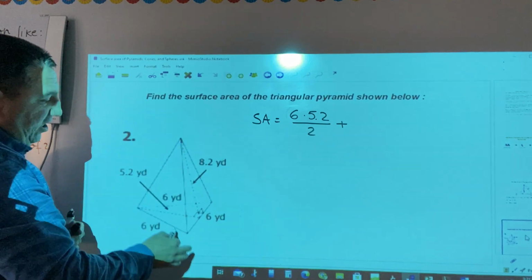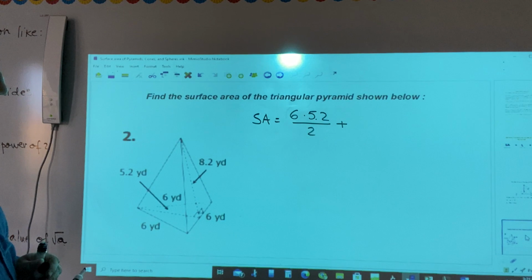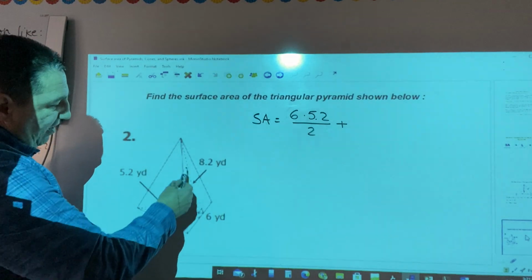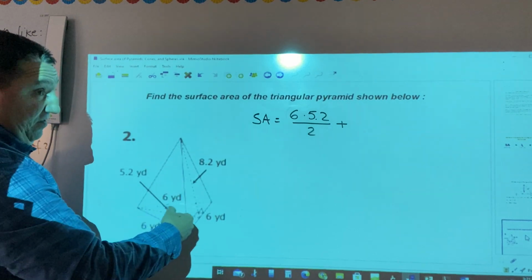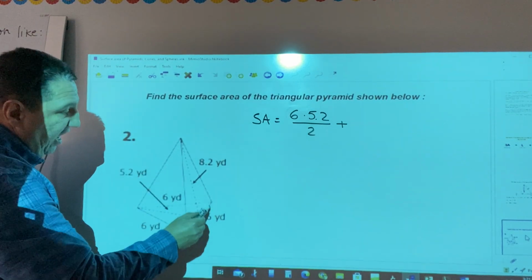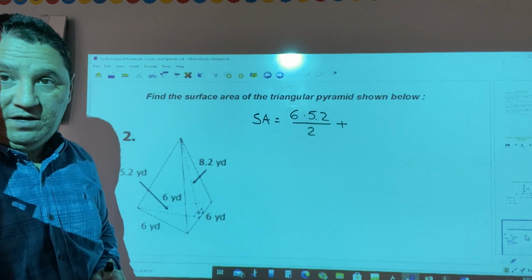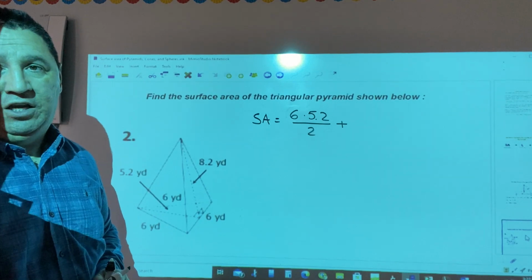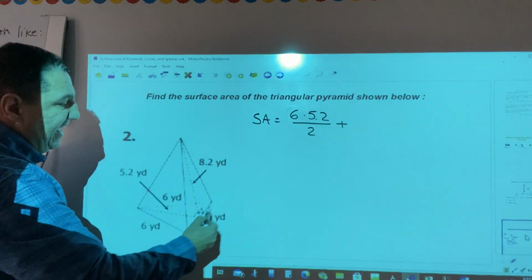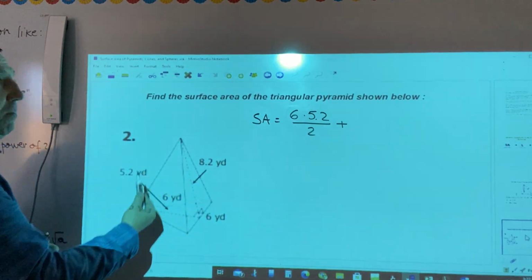Now we need to find the area of each face. All of the faces of this pyramid are the same. Why? Because the base is an equilateral triangle. All we need to do is find the area of one such triangle, and then multiply by 3.